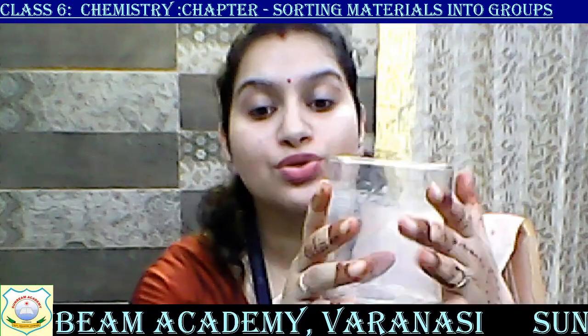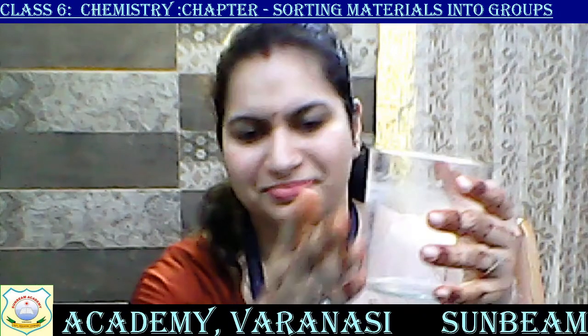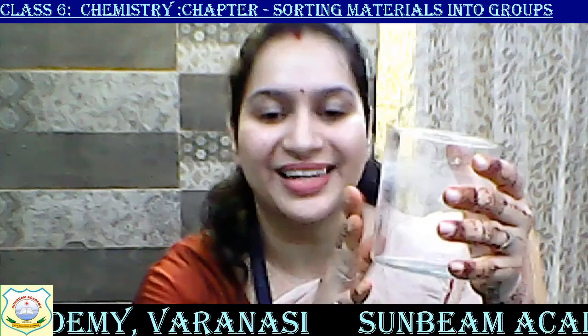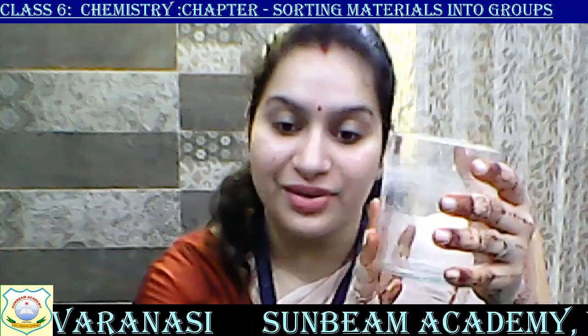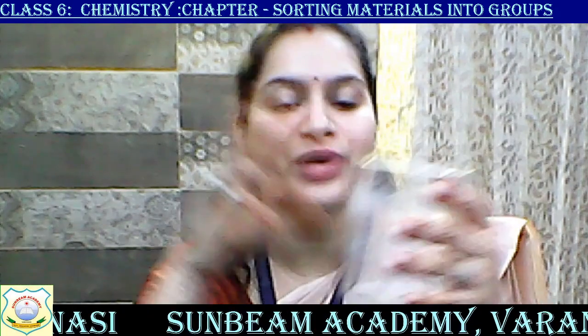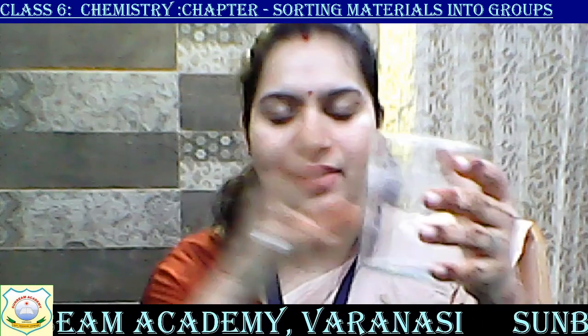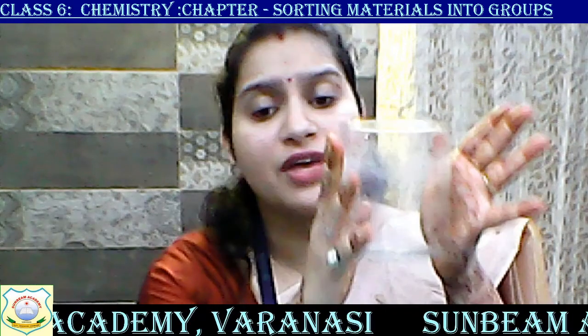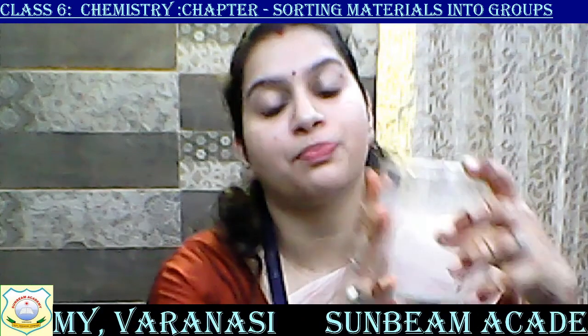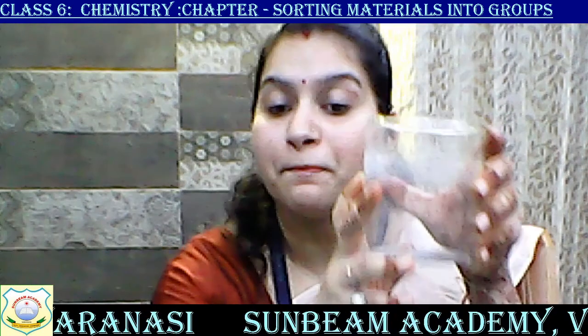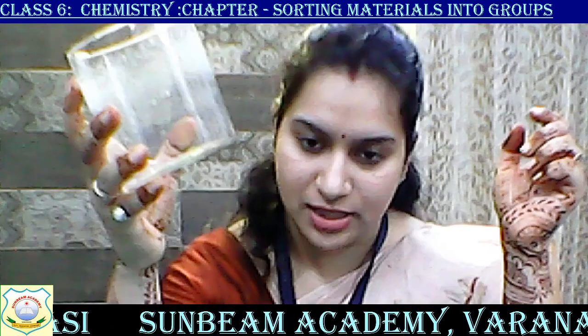This is used to drink milk, or you cannot drink milk in this, but yes, it is used to store water or drink milk, or you can put a flower in this. Alright. So there are various uses and different properties of this material also. This is also a material, isn't it?